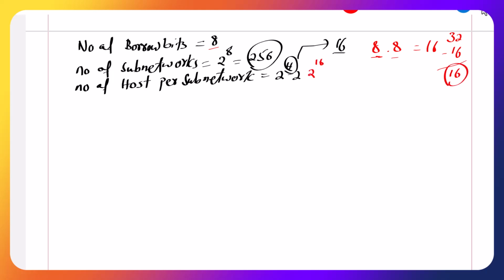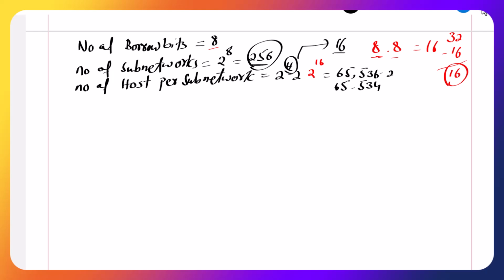So 16 bits are remaining and they are host bits. So 2 power 16 is equal to 65,536 minus 2, 65,534. Okay, this is the number of hosts per subnetwork.